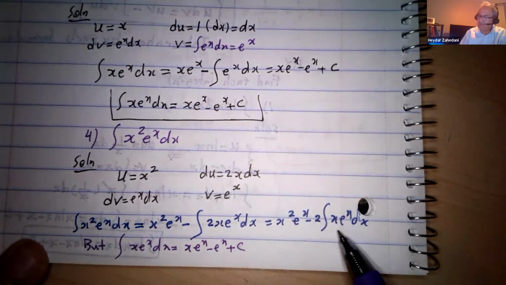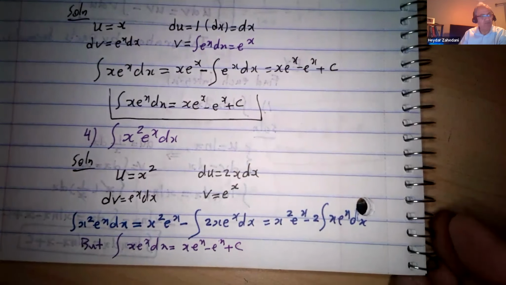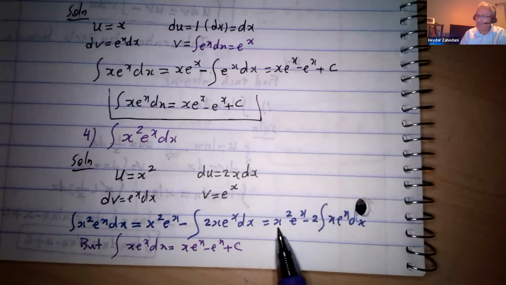So go back and substitute here to get the final answer. So you have x squared e to the x minus 2 what?